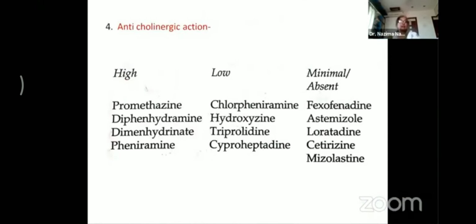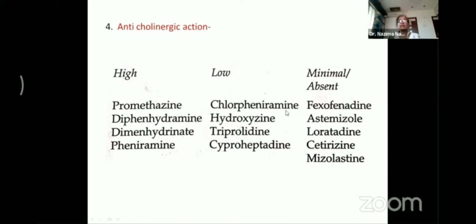These drugs also have an anticholinergic action. Based on the anticholinergic action, they are classified into those with high anticholinergic action, like promethazine, diphenhydramine, dimenhydrinate, pheniramine. Then those with low anticholinergic action, like chlorpheniramine, hydroxyzine, triprolidine, cyproheptadine.